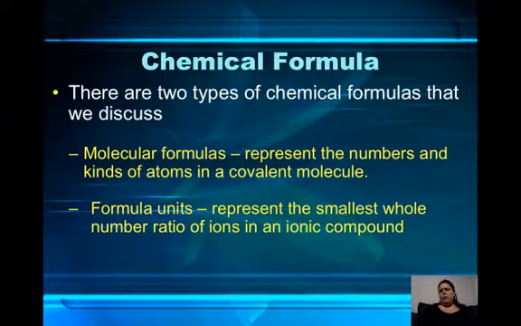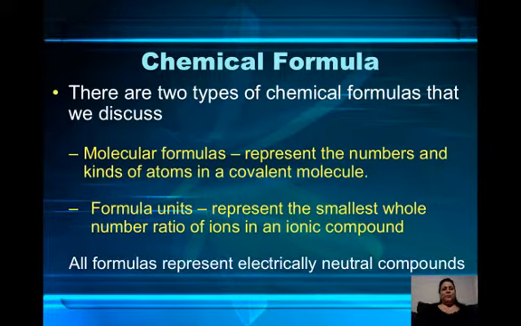So if you remember from chemistry class, I showed you the big model of sodium chloride. But the smallest whole number ratio of sodium and chlorine in sodium chloride is 1:1. So the formula unit for sodium chloride is NaCl. And we'll get to how to write these formulas in the second installment of my videos for Chapter 7.